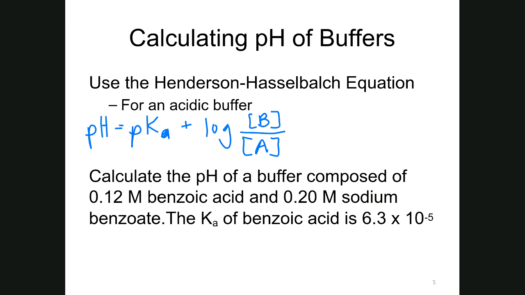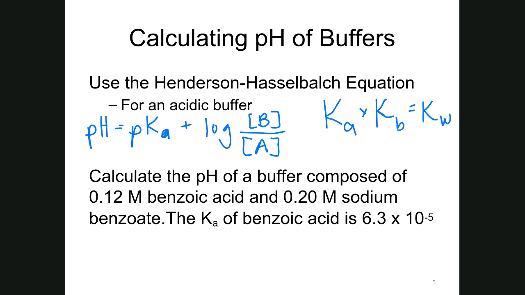So remember, if you're given something that's basic, we can go back and forth between Ka and Kb in order to plug into this particular equation. Remember from chapter 16 that Ka times Kb equals Kw. So if you're given Kb, you can just find Ka and then plug into your equation here.